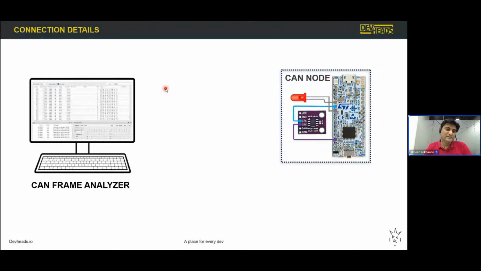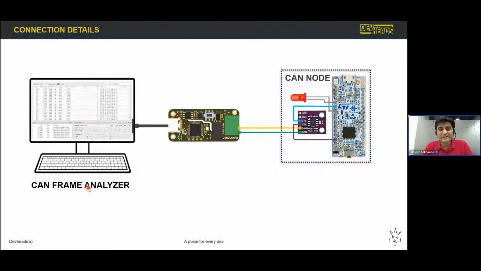And on the other side, we have a computer, the host PC, on which we have software installed called Kangaroo. This is coming from VX Studio, the hardware that I'm using. This software will be used to analyze the CAN frames. Now you might ask how the CAN communicates, because this transceiver communicates over CAN high and CAN low, just two wires, and on the other side we have the host PC.